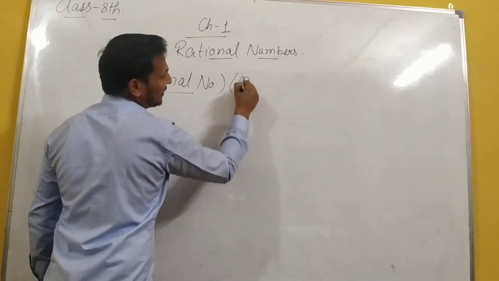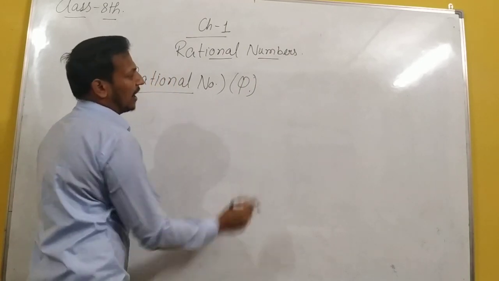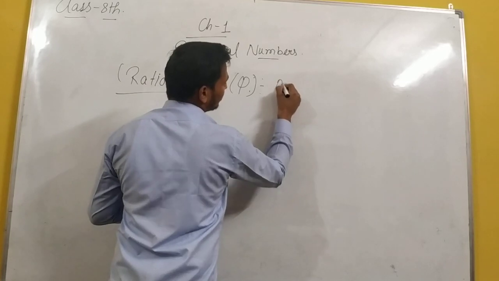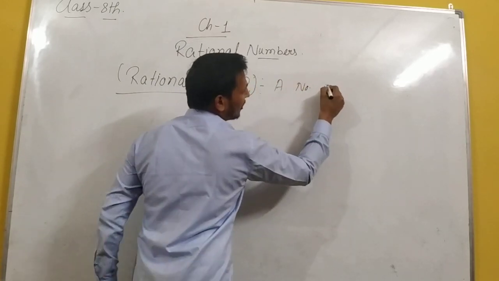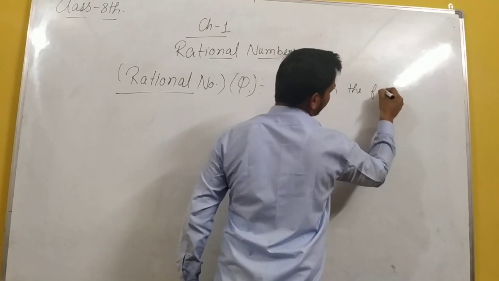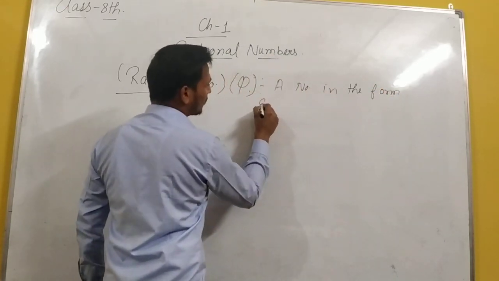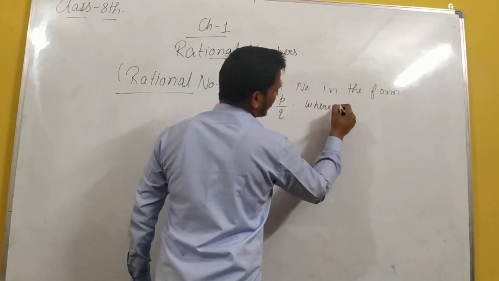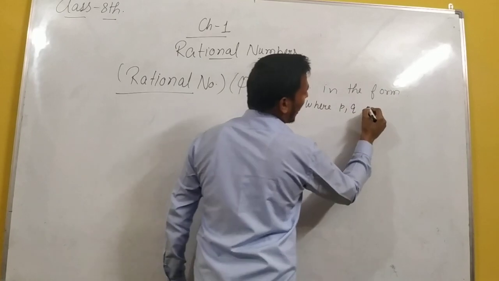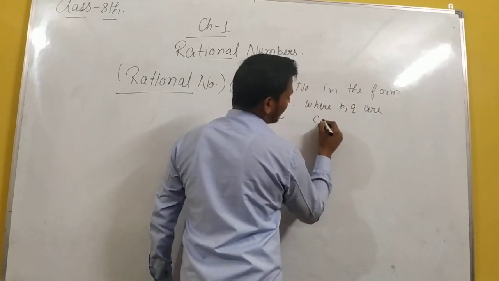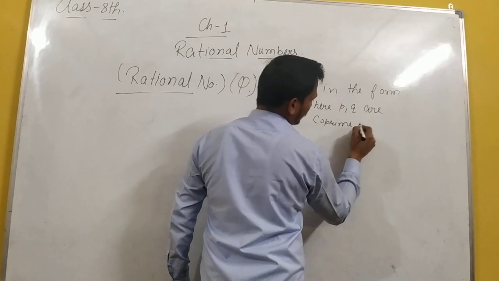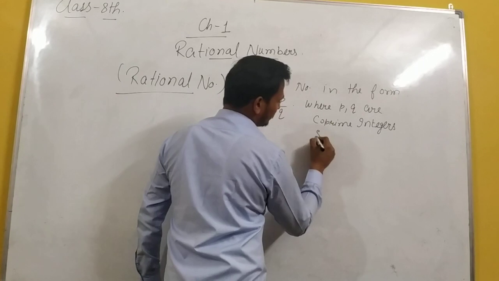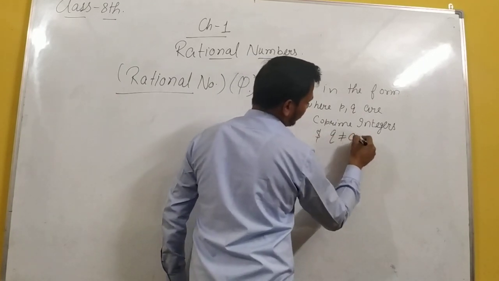Rational numbers are represented by capital letter Q. And what is the definition? A number in the form of P by Q, where P and Q are co-prime integers, and Q shouldn't be equal to 0.